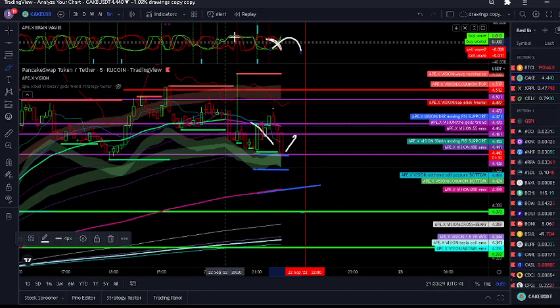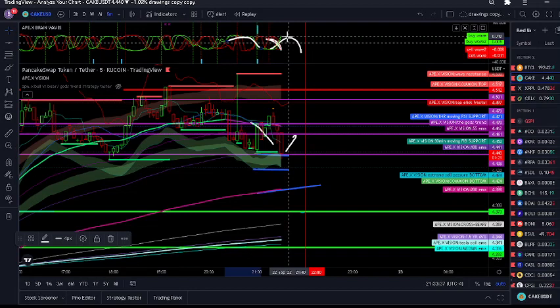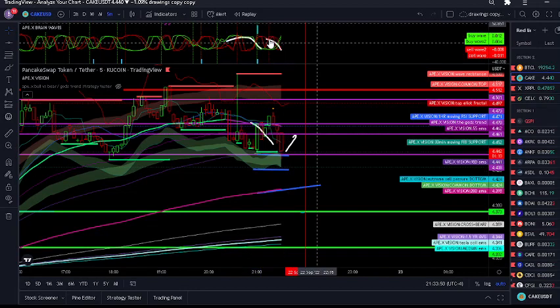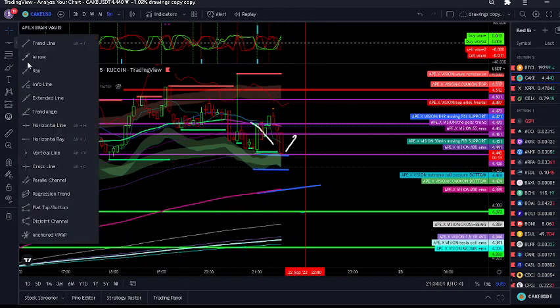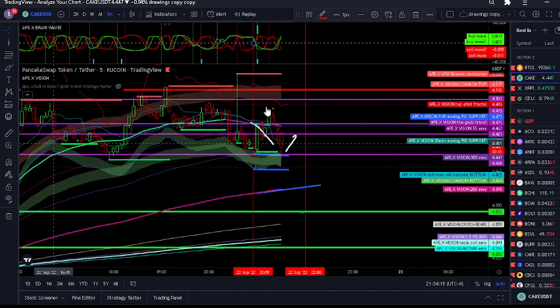So I don't want to delete everything right now. So when the green line flips downwards or starts to curve down, that is a buy signal, my friends.